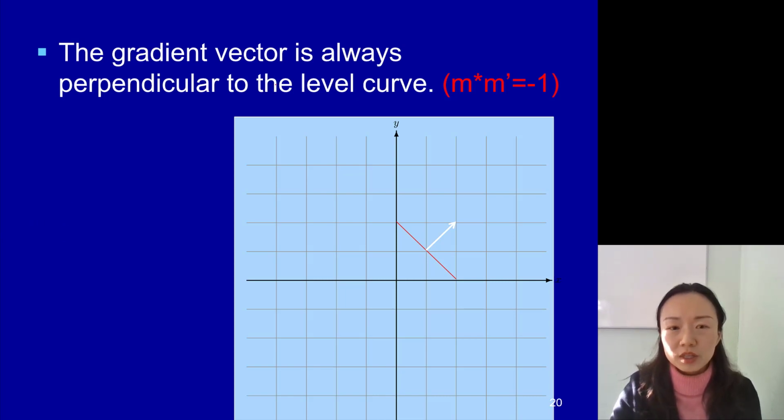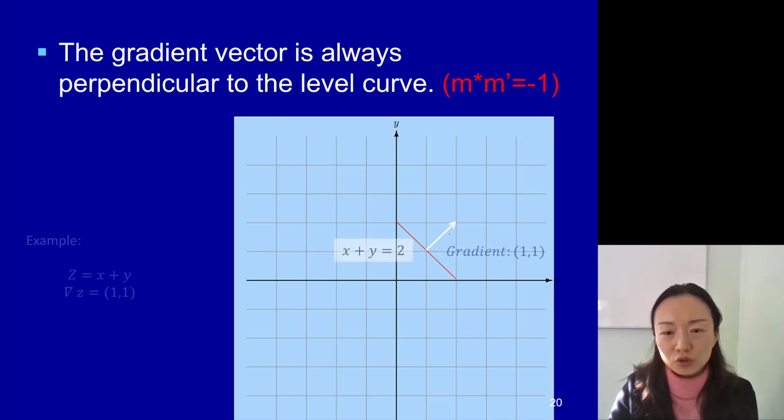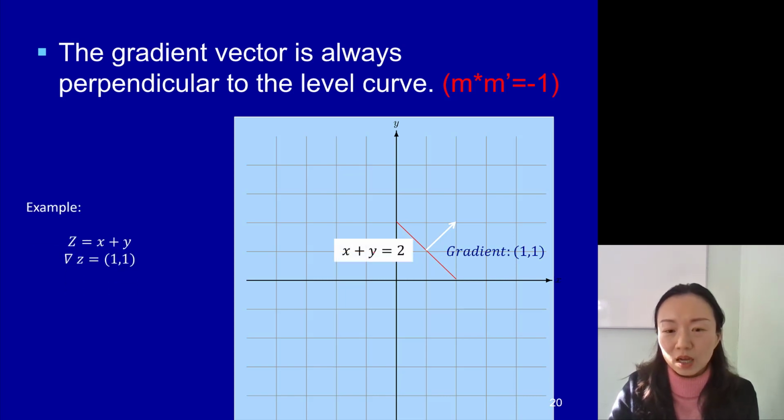So the gradient vector is always perpendicular to your level curve. If we identified our level curve, so this red line here is our level curve, the gradient is perpendicular. And which direction we should move depends on your x1, x2, or in this case, your x and y coefficients.